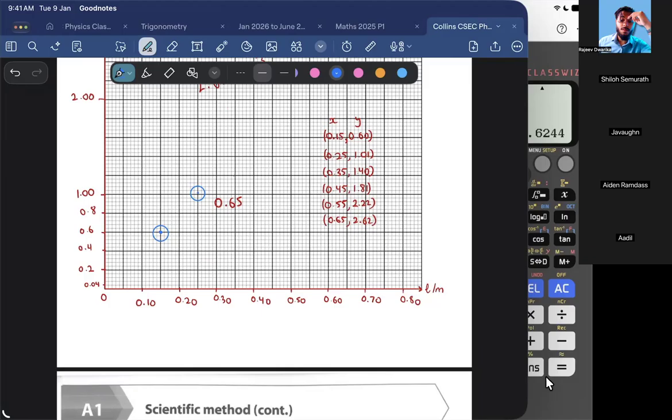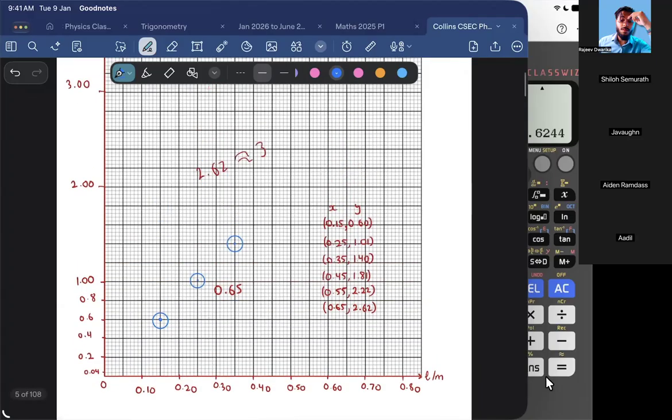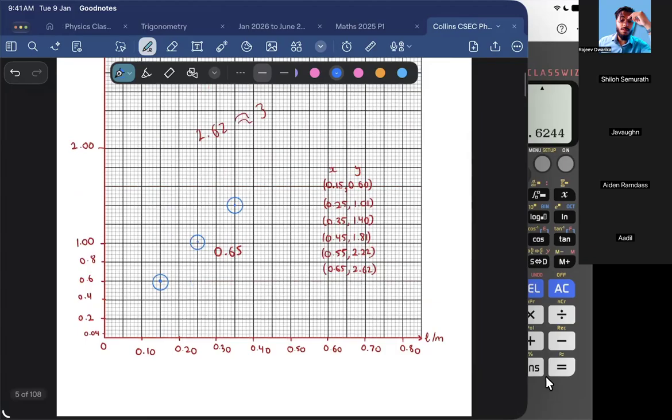So 1.4, that looks like it will be over here. Anybody confused though? No, sir. Okay. Then we have 0.445, 1.81.